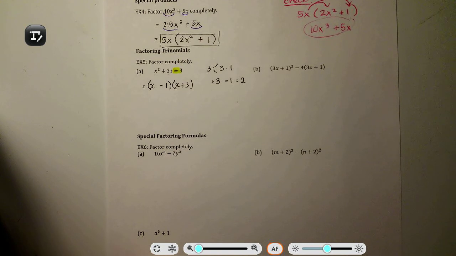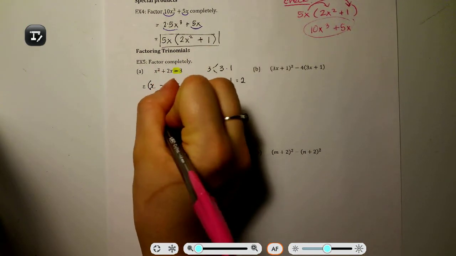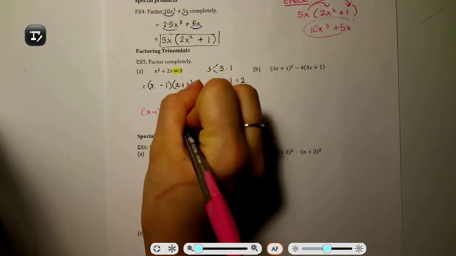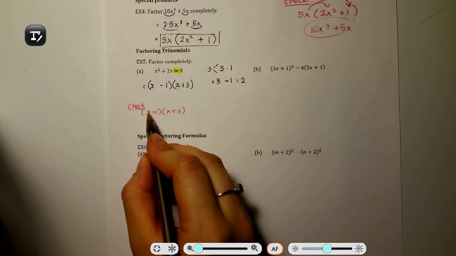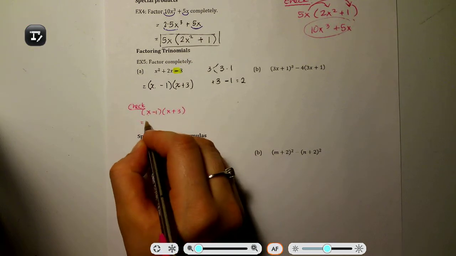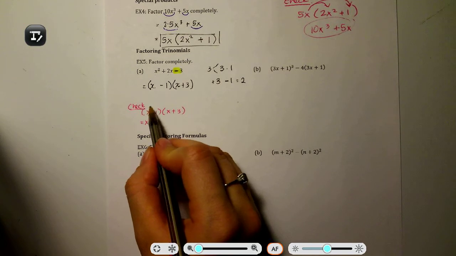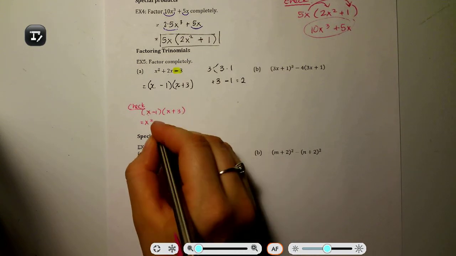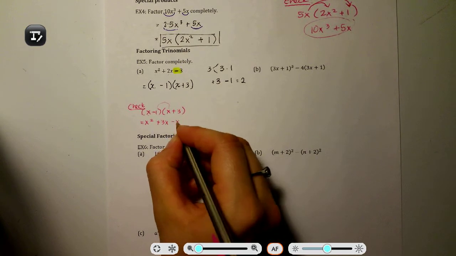How do I check that this is the right answer? Well, remember, we can use FOIL. Okay, so here's us checking. So the first term, x times x, is going to be x squared. So first, and then outside, x times 3 is plus 3x. Inside, minus x.